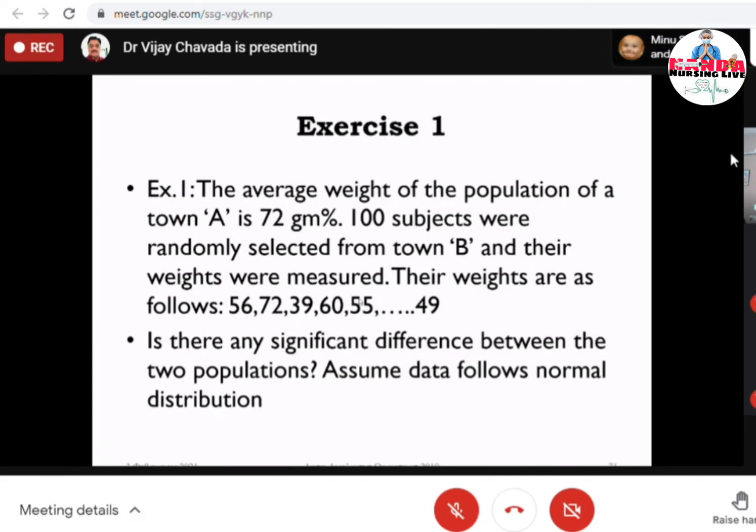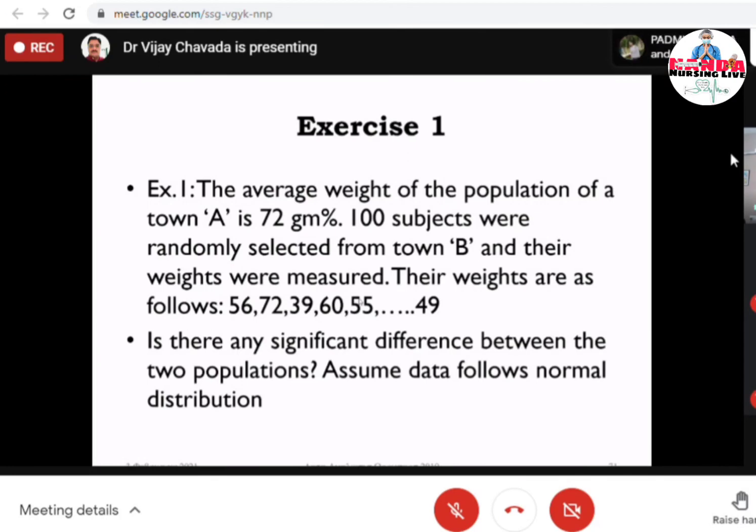So when you do any inferential statistics, first of all, you have to verify and ensure that the data follows a normal distribution. To check whether it follows or not, you can use different tests, such as the Kolmogorov-Smirnov test and the Shapiro test.